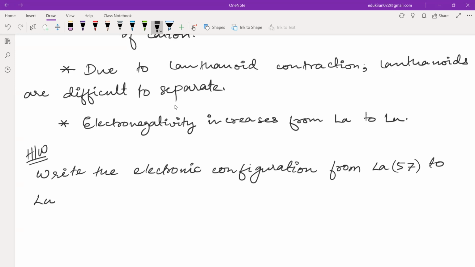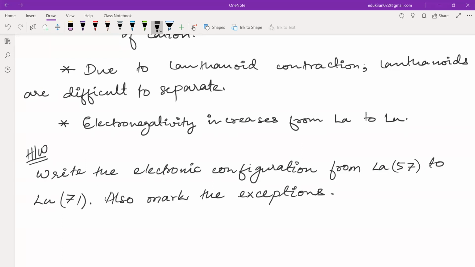Lutetium is 71, I guess. Okay, and also mark the exceptions. Also mark the exceptions, whichever you feel are exceptions.